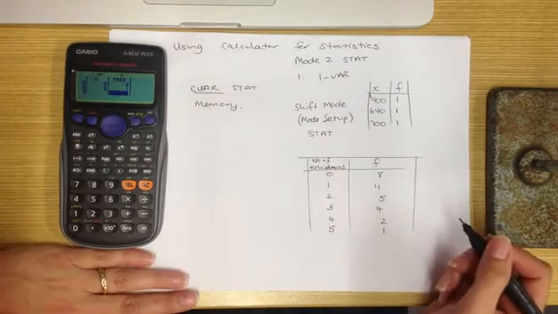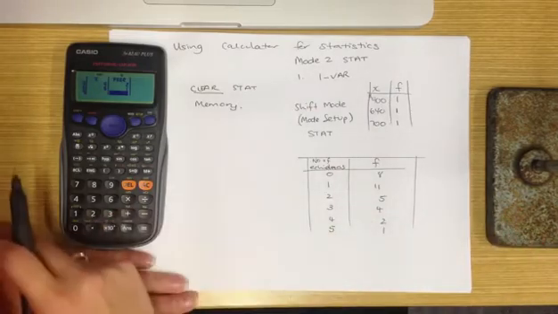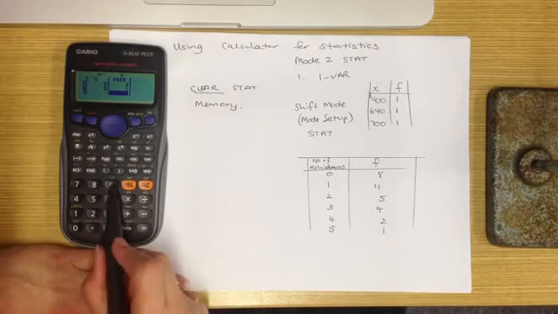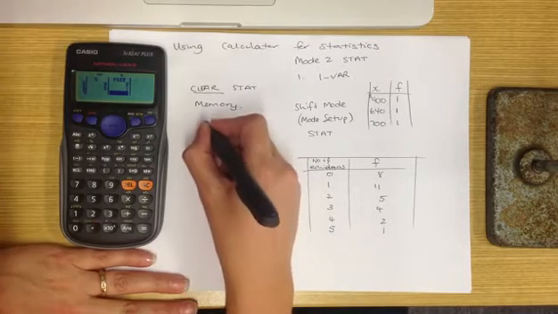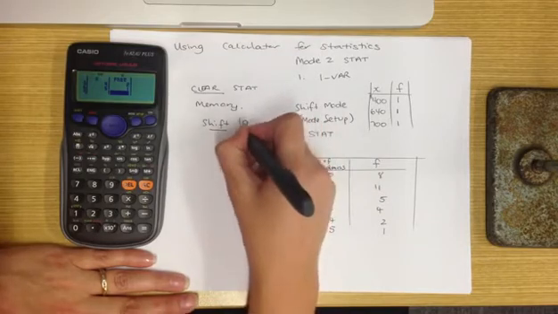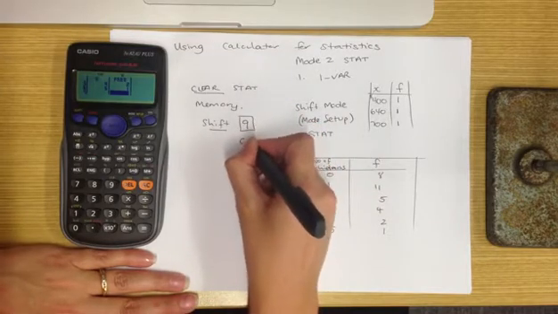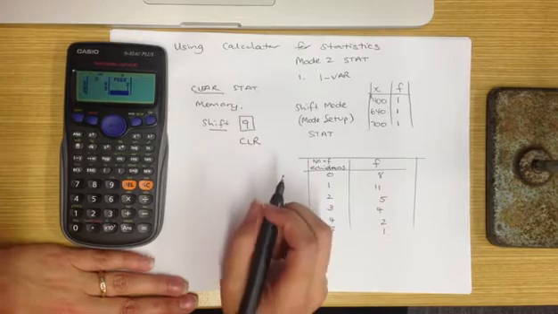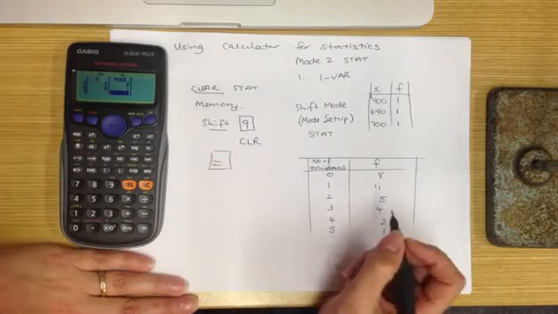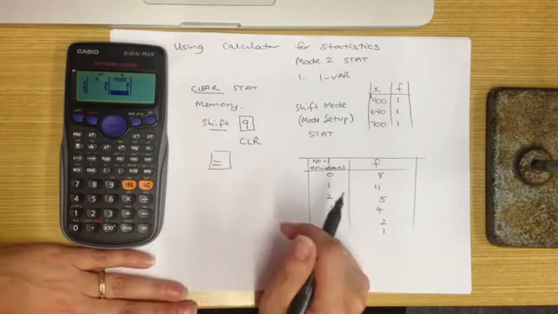So remember to clear your stat memory, you're going to go shift and then clear. For this one, clear sits above the 9. So it's in yellow, which is the shift colour, and it's shift 9, and you're looking at the CLR. Now when you press that, you then need to press equals, because afterwards it says press equals to confirm.